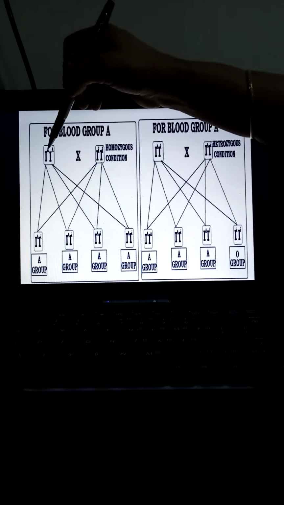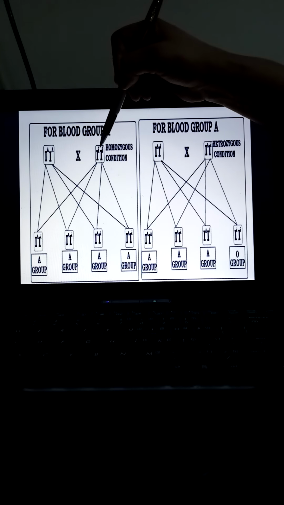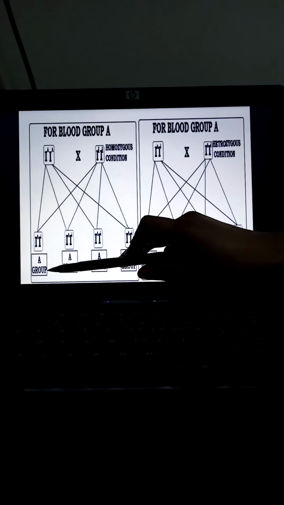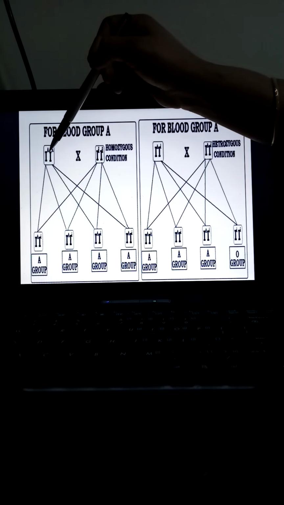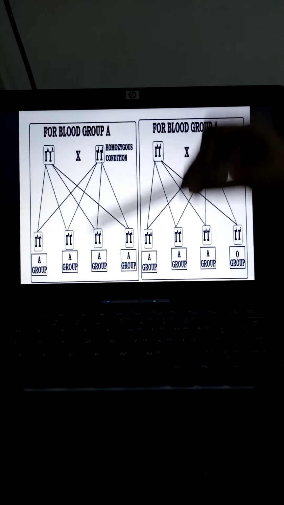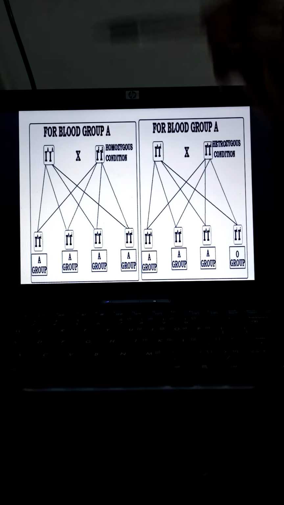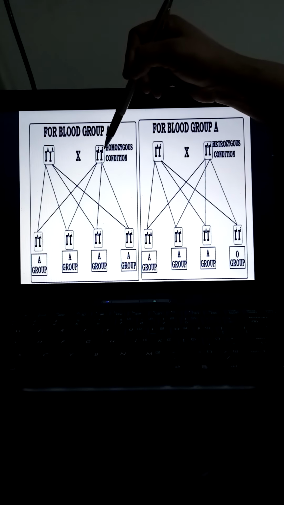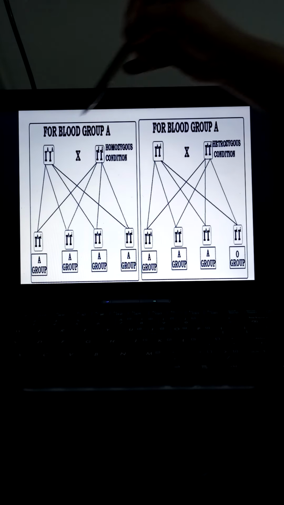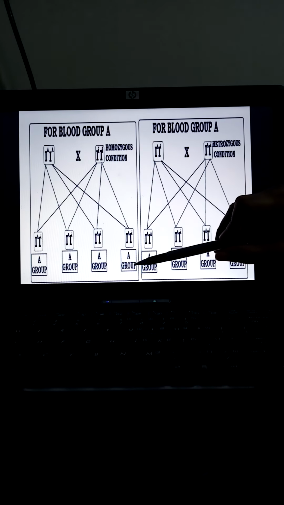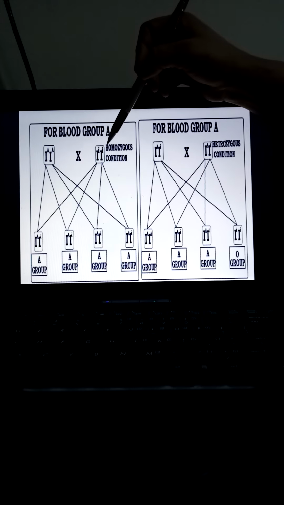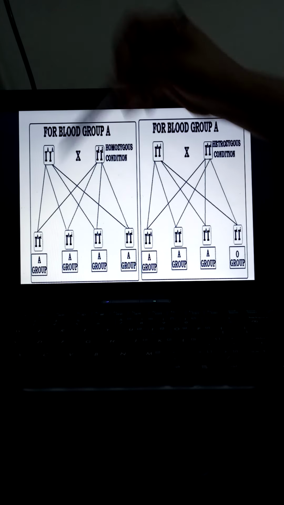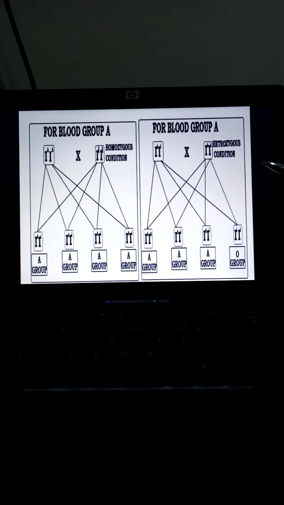So whenever IA crosses with i, such a combination will come and the blood group will become A. If IA combines with i again, the same A group will be there. So if one parent has ii and the other has IAIA, all the blood groups will become A.